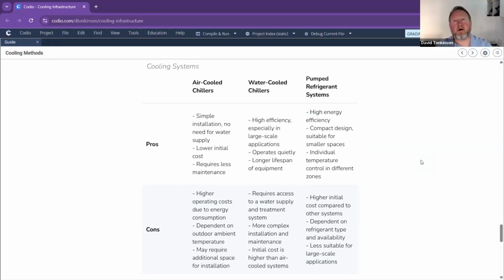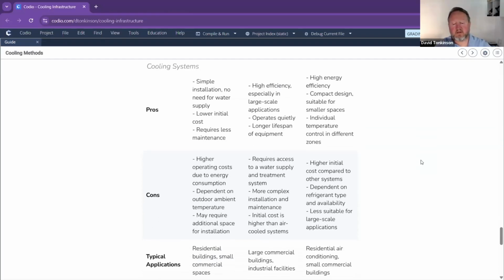Water-cooled chillers. Okay, they are highly efficient, especially in large spaces. They operate quietly. We are pumping water around, of course. They have a longer lifespan on some of the equipment. Some of the cons on it: it requires access to a water supply and treatment system. They are more complex for some of the installations.